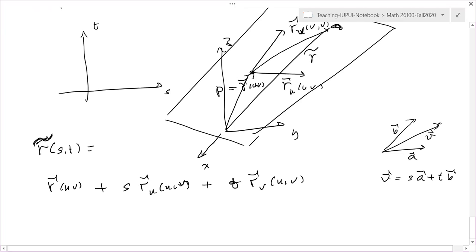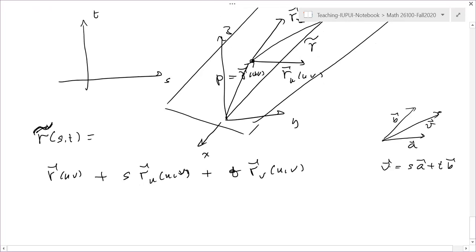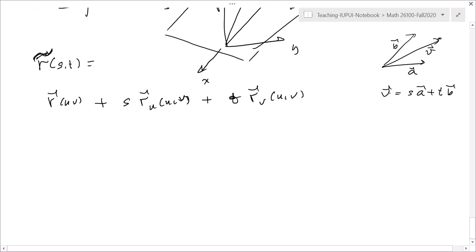One is to use an equation in x, y, z. The other is to parameterize the tangent plane. Now, let's find an example first.